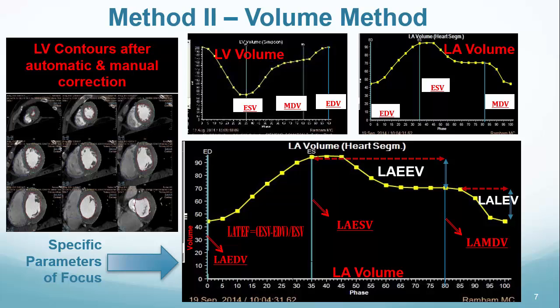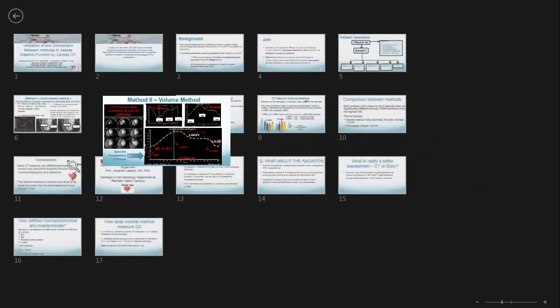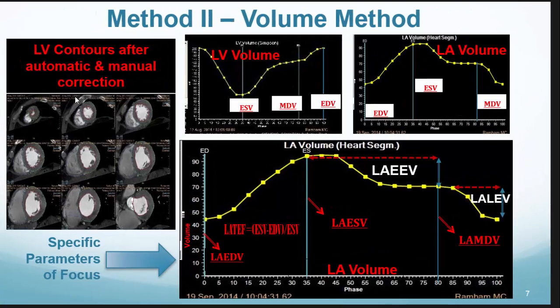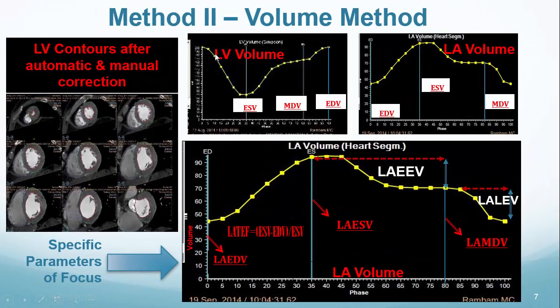For the second method, the volume method, left ventricular and left atrial volumes were measured every 5% of the RR interval using semi-automatic software. End diastole, end systole, and mid diastole were identified. From these volumes, systolic, early diastolic, and end diastolic volume changes were calculated.